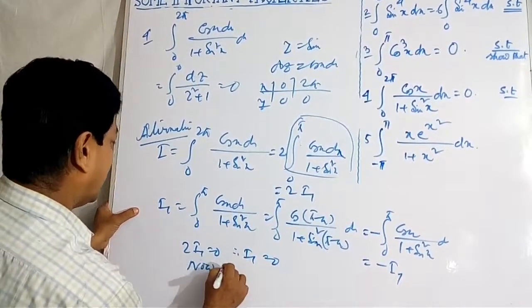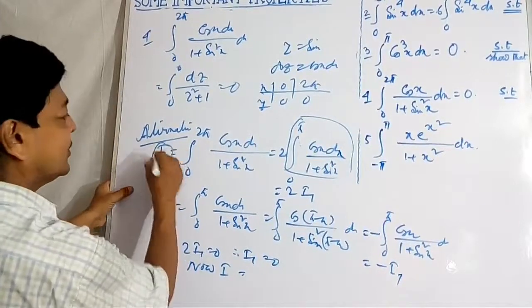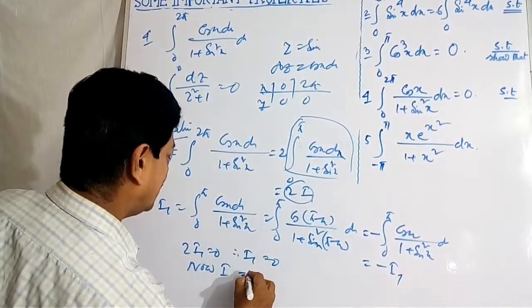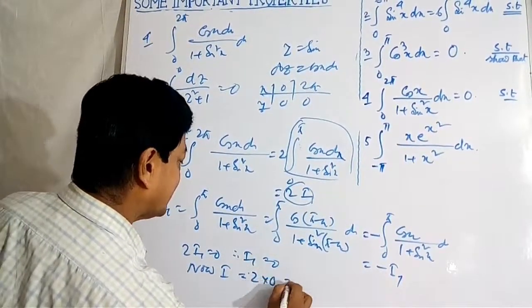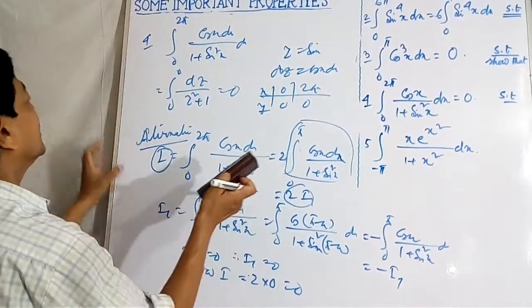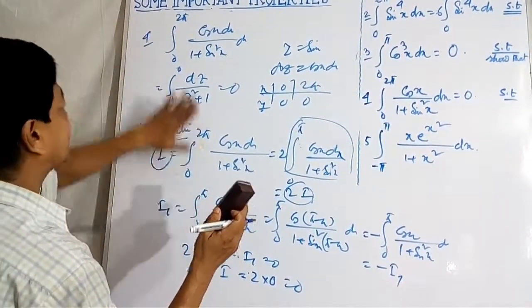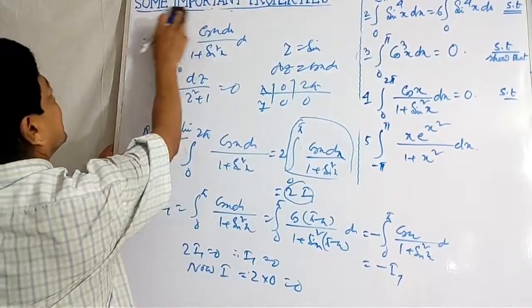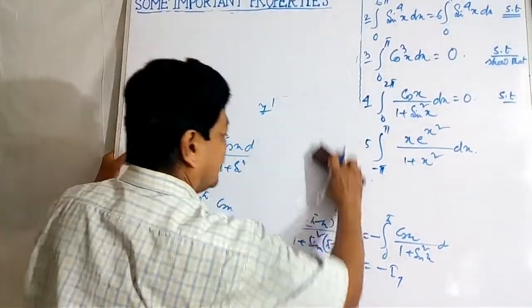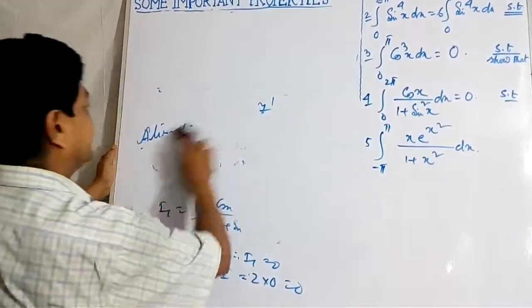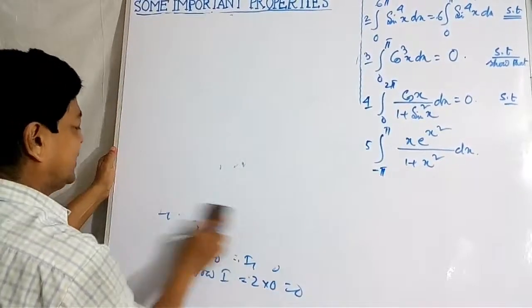Now I equals 2 into I1, which means 0. So using the property and without the property, we can do either process.